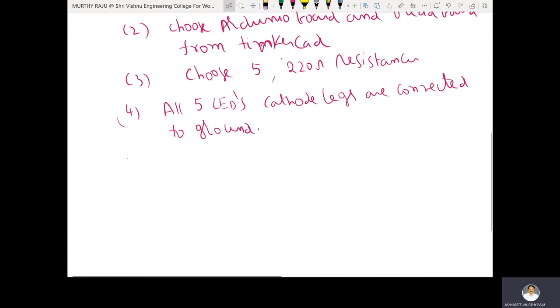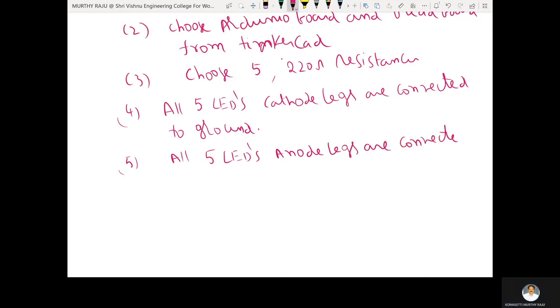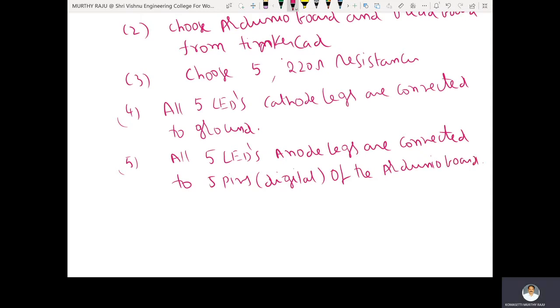Fifth one is all 5 LEDs with different colors, anode legs are connected to 5 digital pins of the Arduino board, that means UNO.